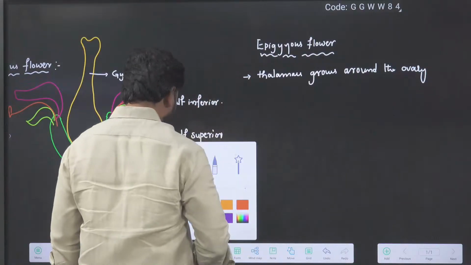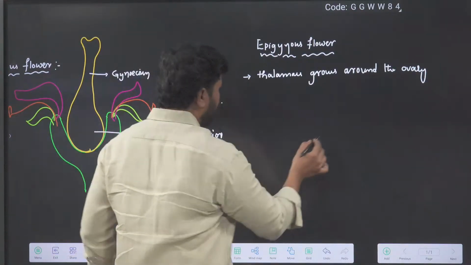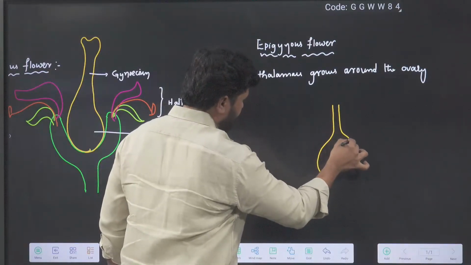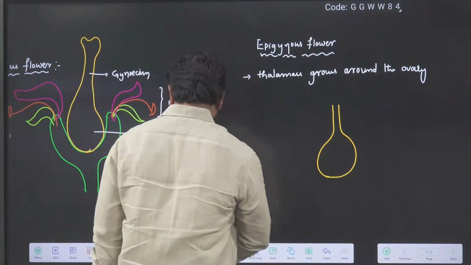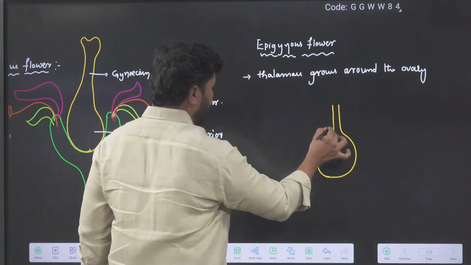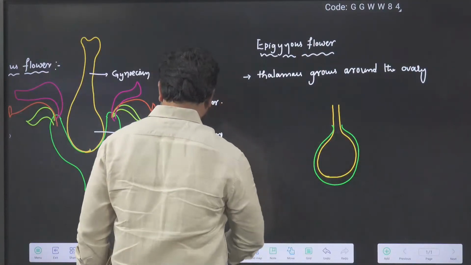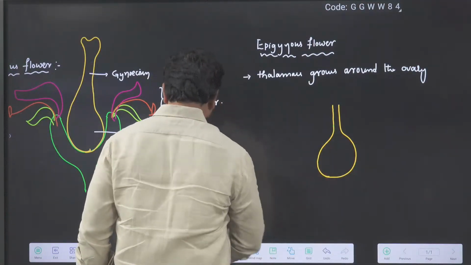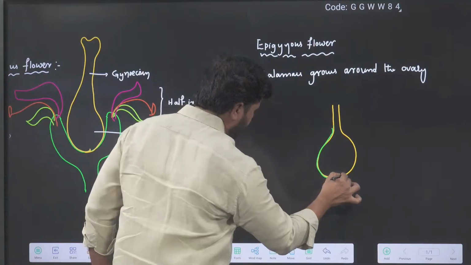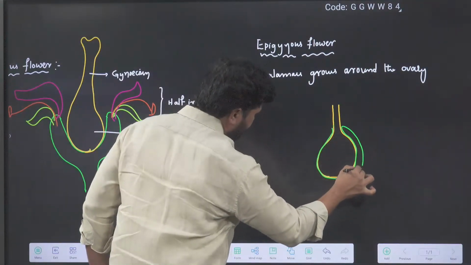Let me take it in detail. See, first, this is our ovary. Around the ovary, the thalamus started to grow up to the top. This is the ovary, which is completely covered by the thalamus.